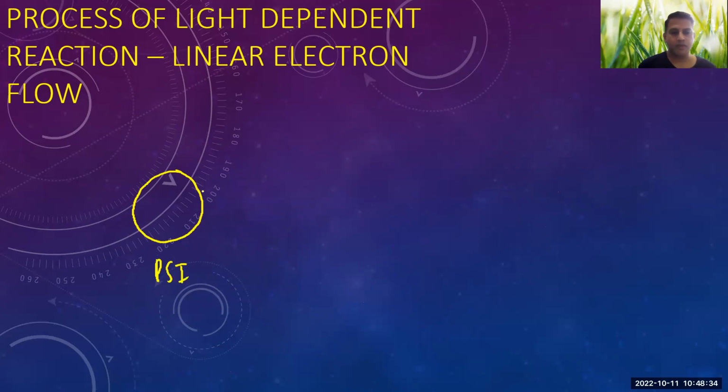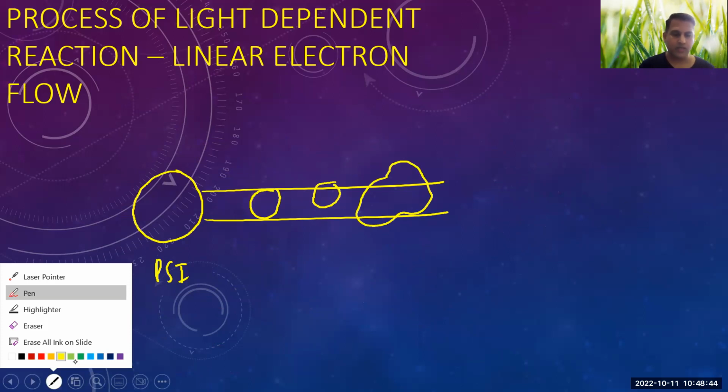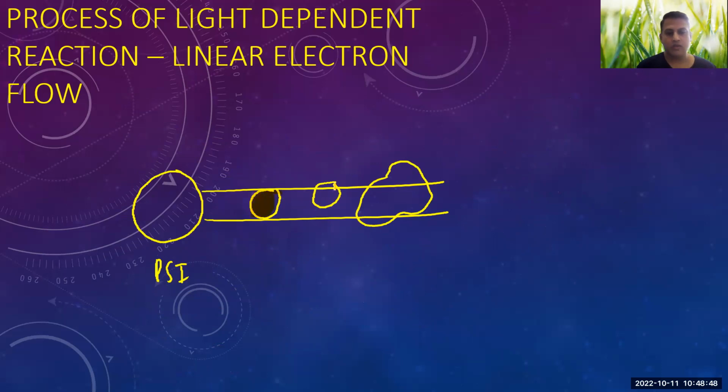PS1, thylakoid membrane. Again, you can see three complexes like before. And what are those complexes?